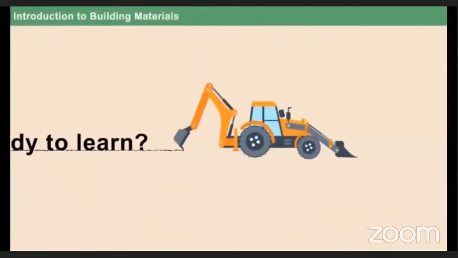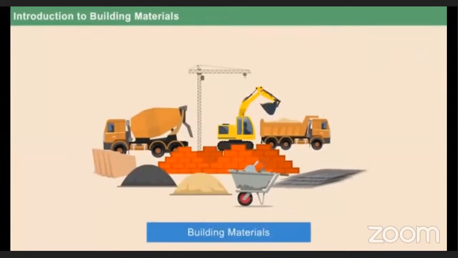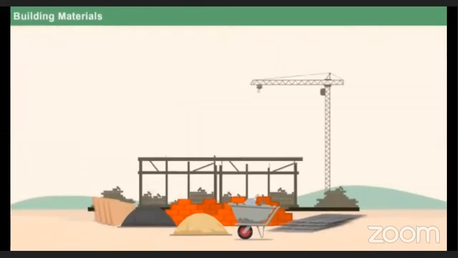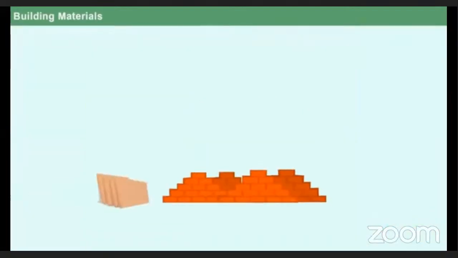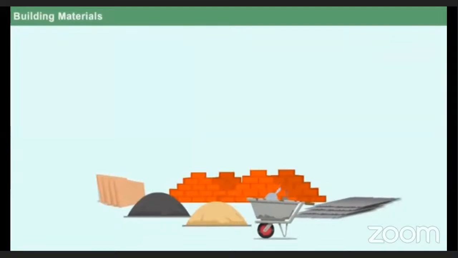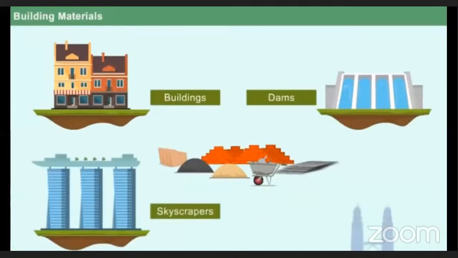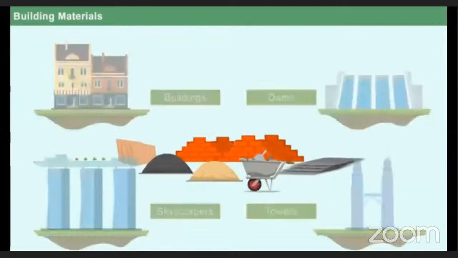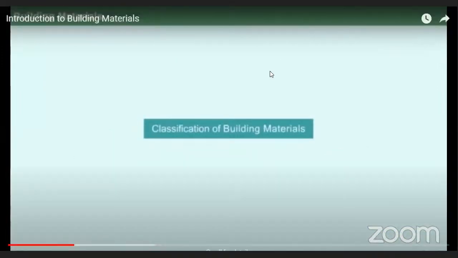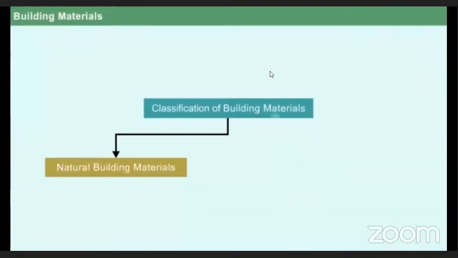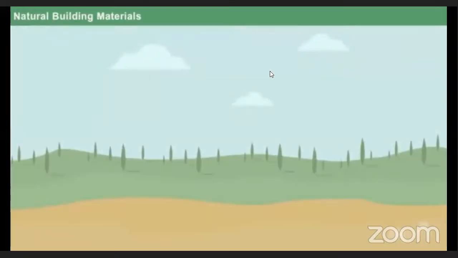As a future engineer, are you ready? Come on, let us dive in to learn the common building materials in detail. Building materials are the materials that are used to construct any civil structure. With the help of these materials, several civil structures are constructed such as buildings, dams, skyscrapers, towers, etc. These building materials are broadly classified into two main categories: natural building materials and artificial building materials.